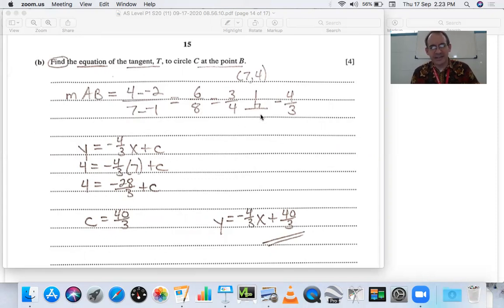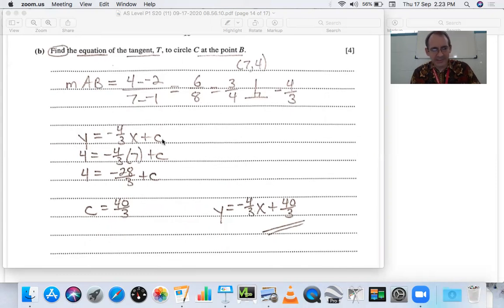So the perpendicular slope for our tangent line would be -4/3. Plug that in as the slope. Then to find the plus C, if you choose to put it into slope-intercept form, I'm just used to doing that. You can use point-slope form if you're used to that as well. So I plug in the 7, 4 for my X and Y. Solve for C is 40 over 3, and you get Y equals -4/3 X plus 40 over 3.